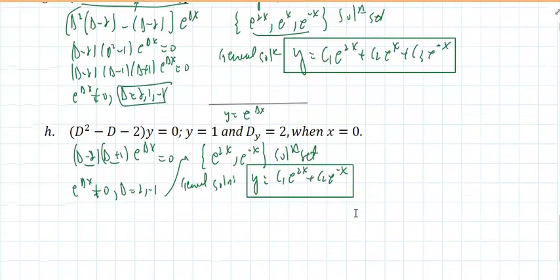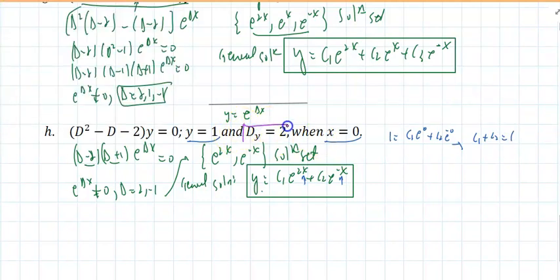And when we say if x equals 0, y equal 1. If I put a 0 there and a 0 there, y equal 1. So 1 equals c1 times e to the 0 plus c2 times e to the negative 0. So this says c1 plus c2 equal 1. And what does this mean?